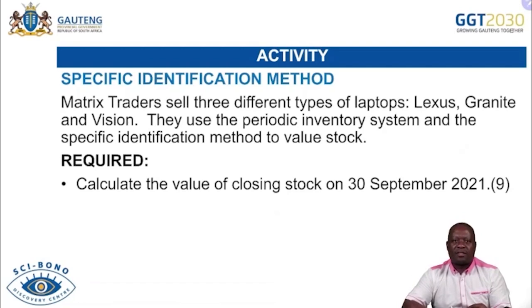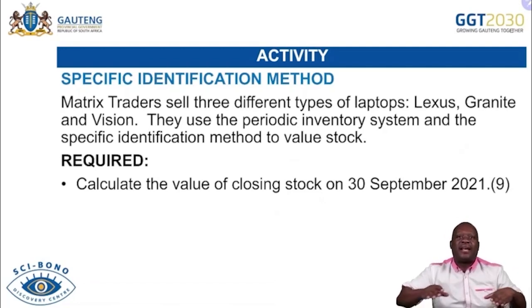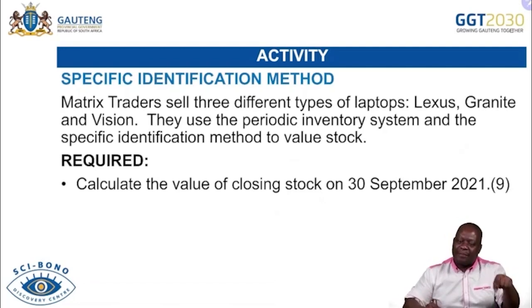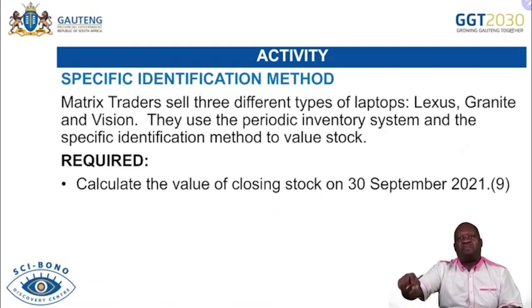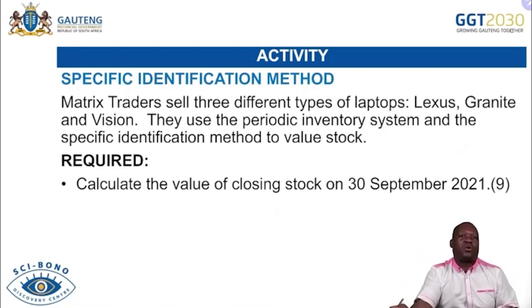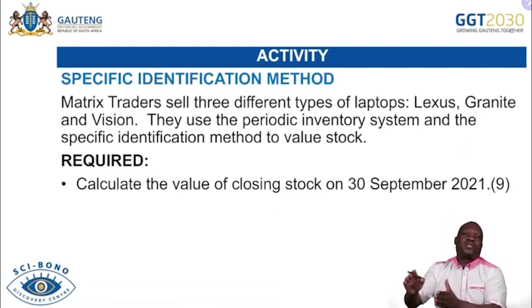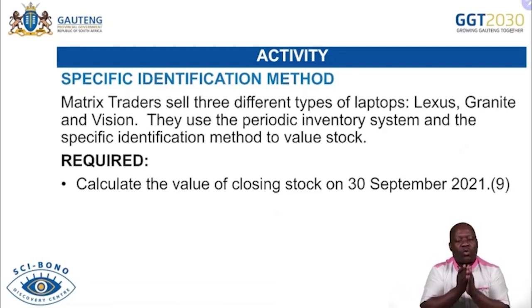Which therefore means, if there are any follow-up questions, how we deal with those follow-up questions is exactly the same, except that we are going to be using different methods to value our closing stock. So we are going to have 3 different closing stock values if we use different methods using the same values.